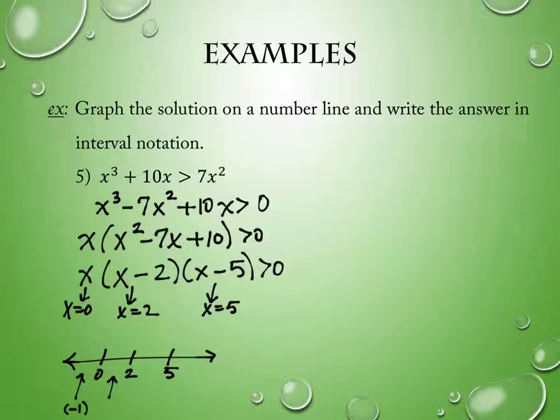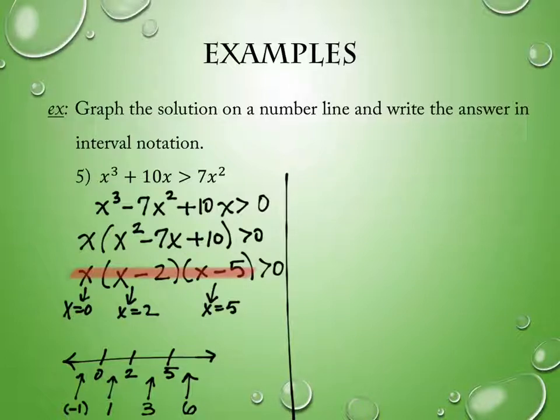Between 0 and 2, we would test the number 1. Between 2 and 5, we would test 3. And after 5, we would test maybe 6. All right, we get a choice of where to plug it in. Again, I kind of like this piece best because it's in factored form.